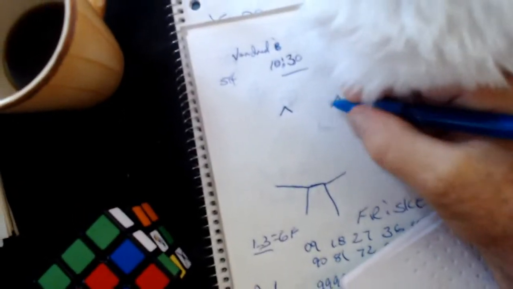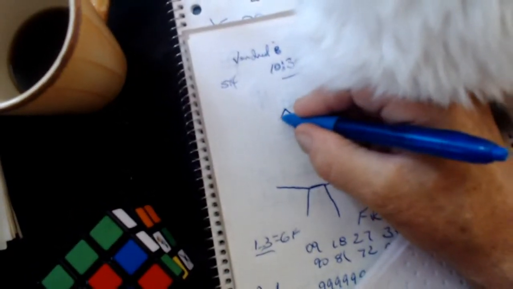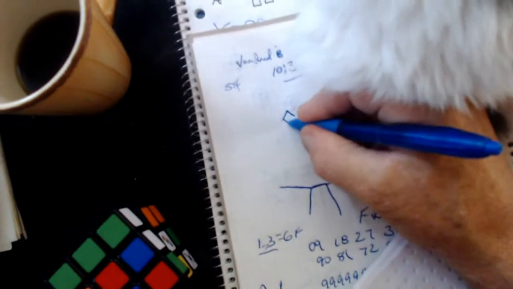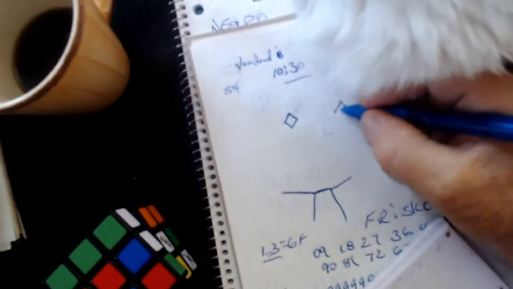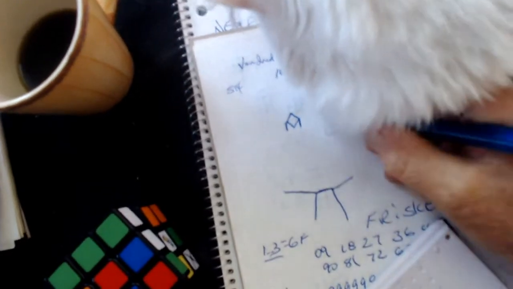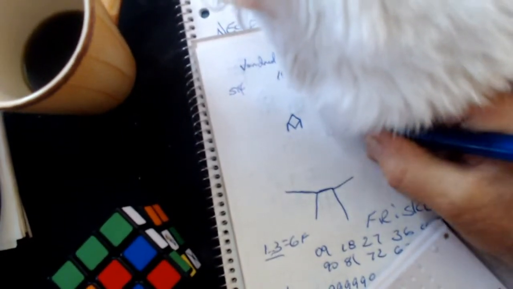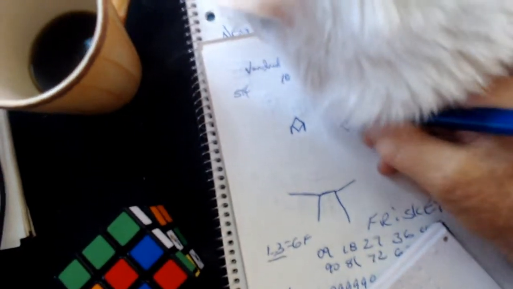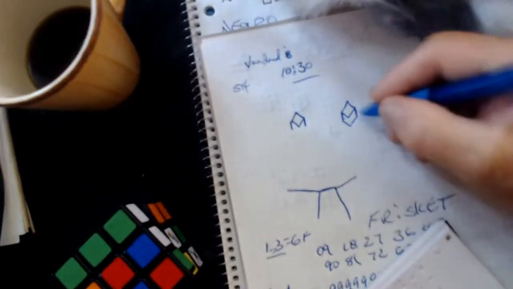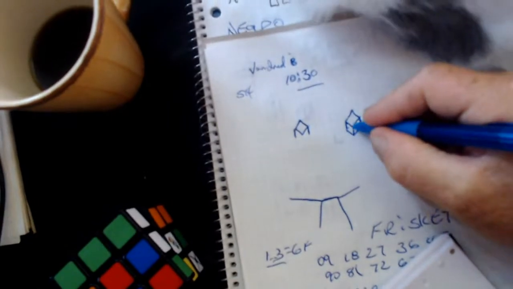So both this is inside both the hexagon and the pentagram. But in the pentagram, right, the pentagram cannot be made this way, and neither can the hexagon. So what we have to do, okay, is I would have to draw it out this way, and then boom, now I can create the hexagon, right? Boom, the cube.